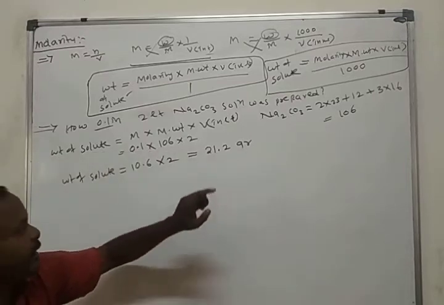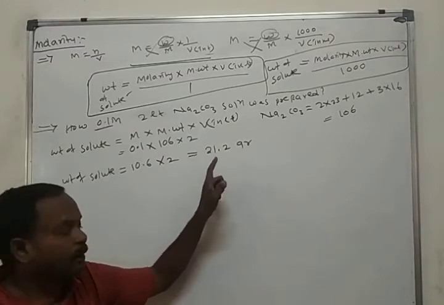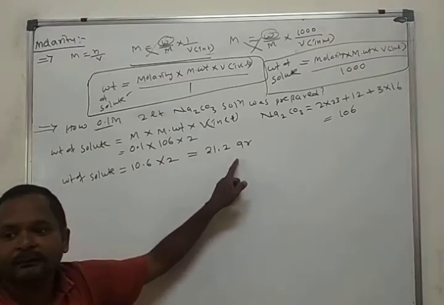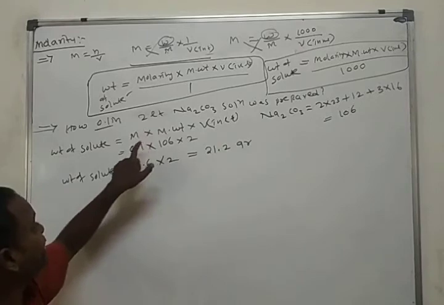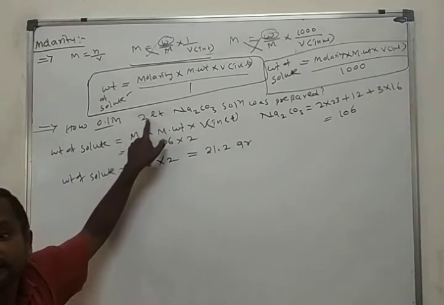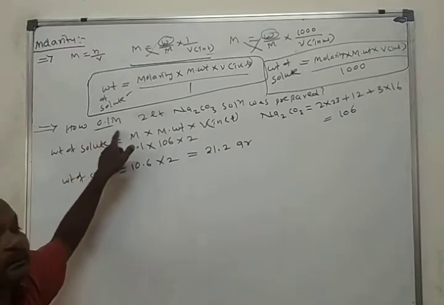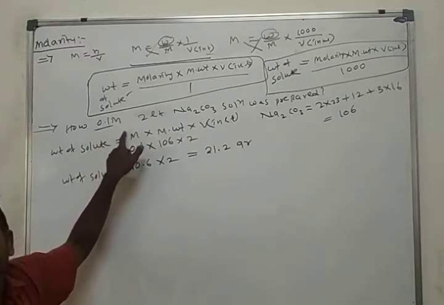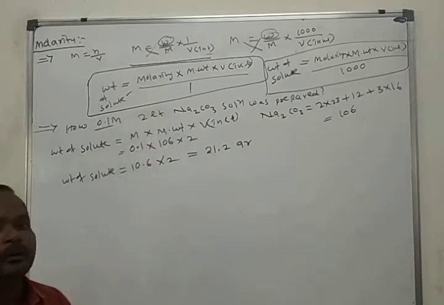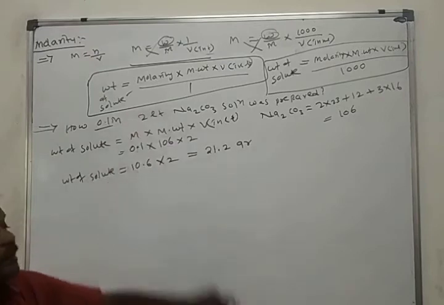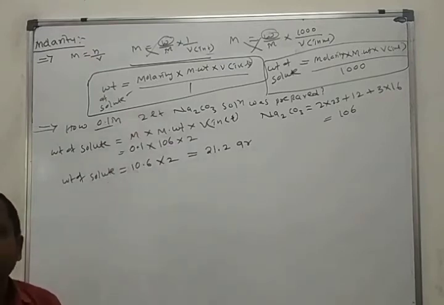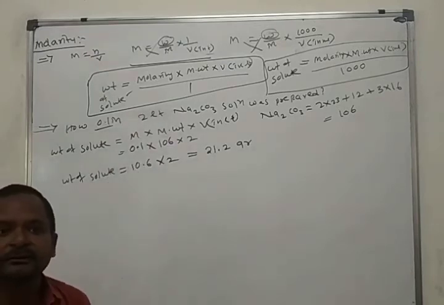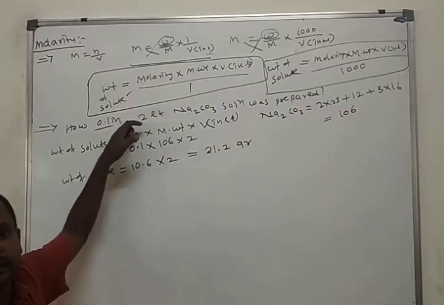That means you weigh 21.2 grams of sodium carbonate and dissolve in 2 liters of water. What you will get? The molarity of that solution is 0.1 M. The laboratory will prepare it like that only.